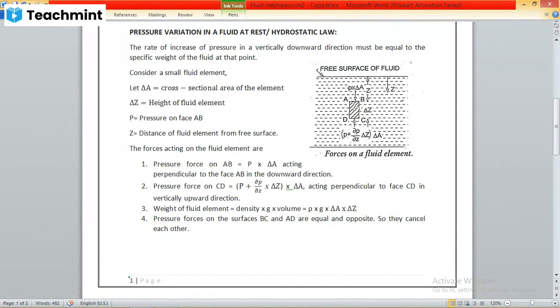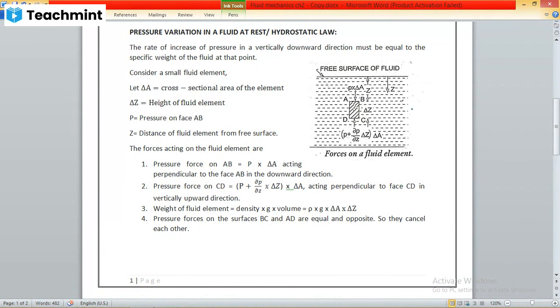But as we are discussing hydrostatics, your fluid is at rest. So we will calculate the pressure on an element when the fluid is at rest.